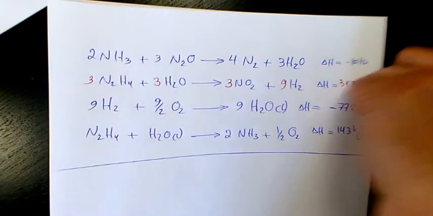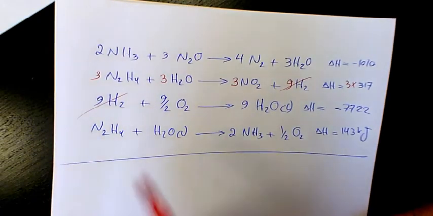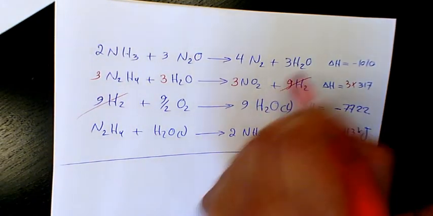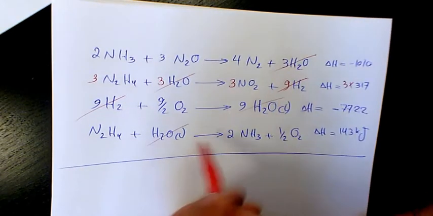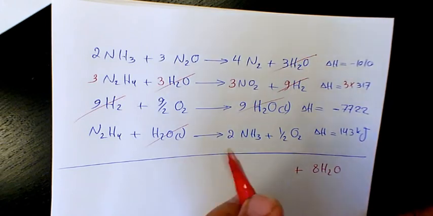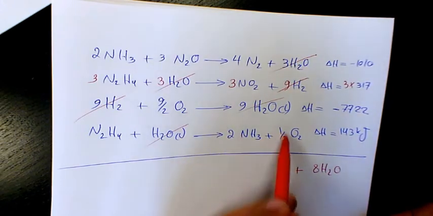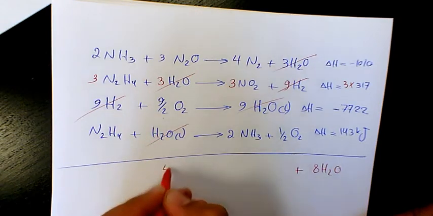Now this cancels with this one. We have H2O, H2 cancels out. 1 and 9 is going to be 8H2O. We have half, and we have 9 over 2, which is going to be 4 O2 in here.